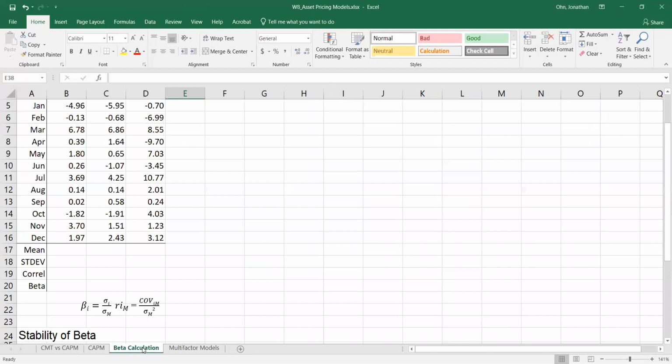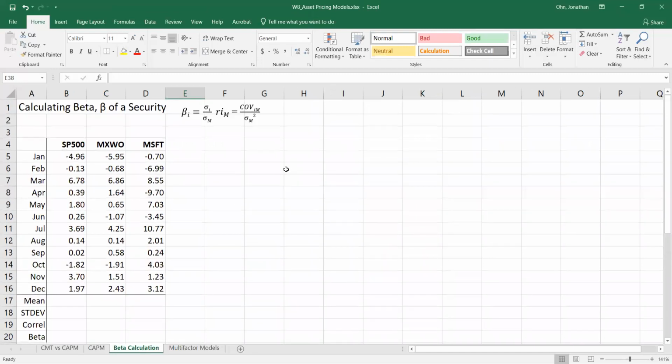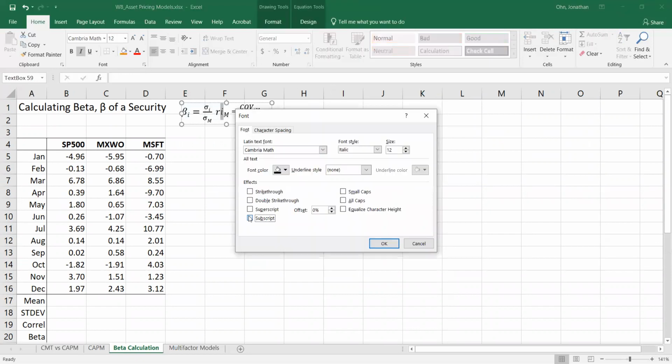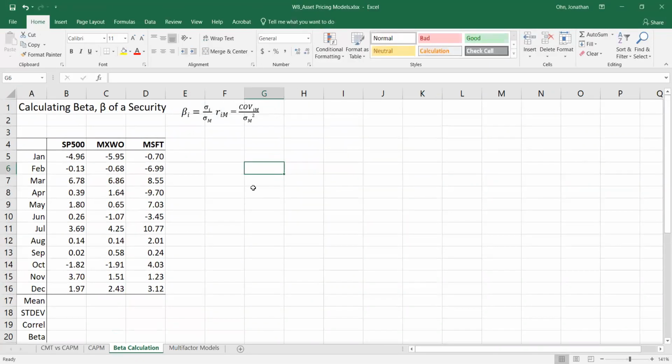Okay. Beta calculation. Let me give you some more details on beta. I told you the mathematical formula for beta is the standard deviation of stock i divided by the market standard deviation times the correlation between the stock and the market.